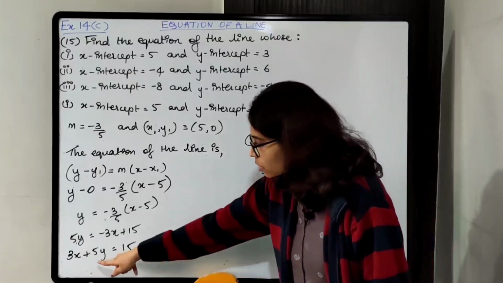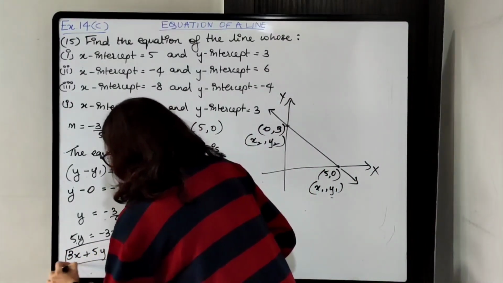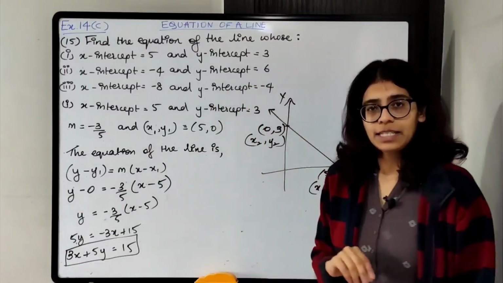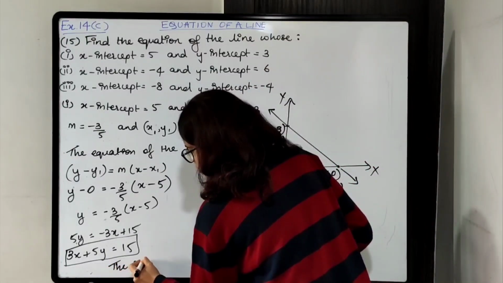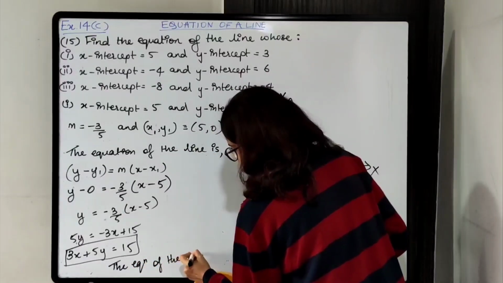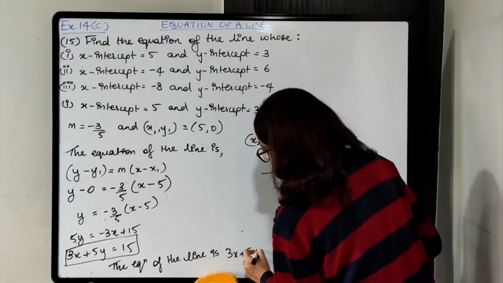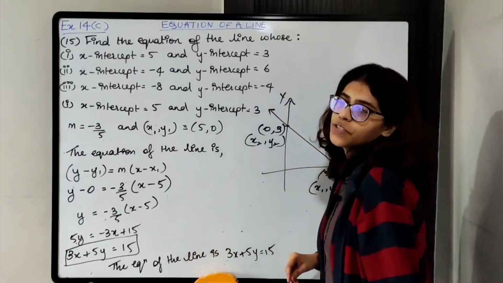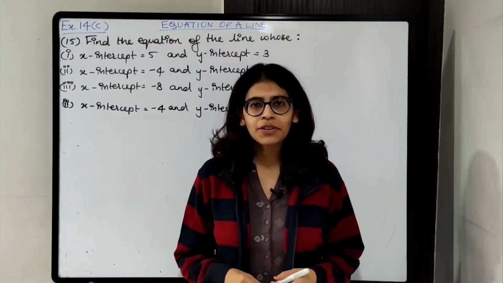So this will be the equation of the line. Box this and you have to write down the final statement. Write down the final statement. The equation, write the full word, of the line is 3x plus 5y equals to 15. For second and third part of the question, we'll use the same method.